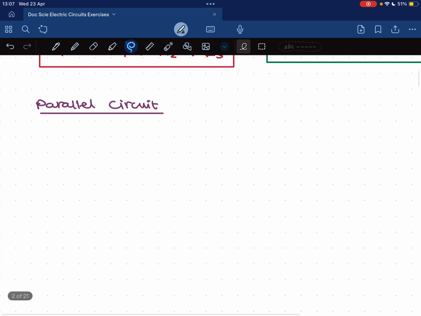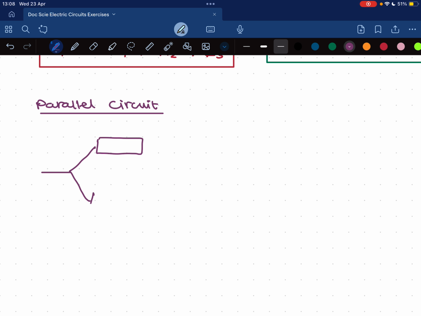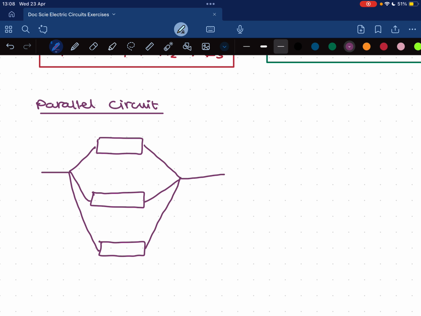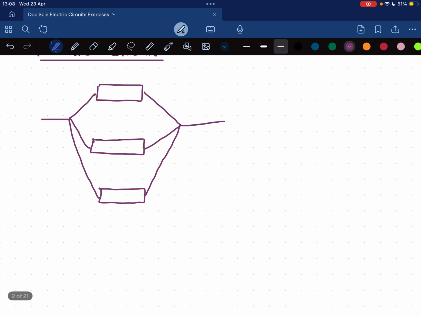So now a parallel circuit is when there is multiple pathways for the current to flow.